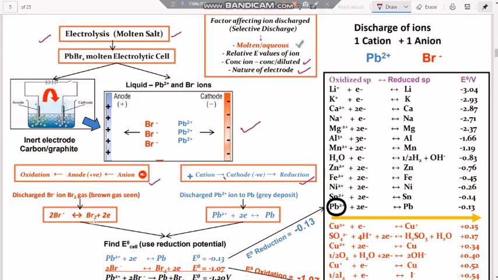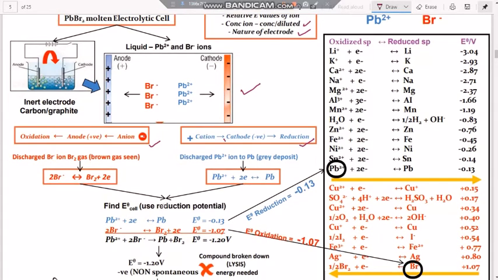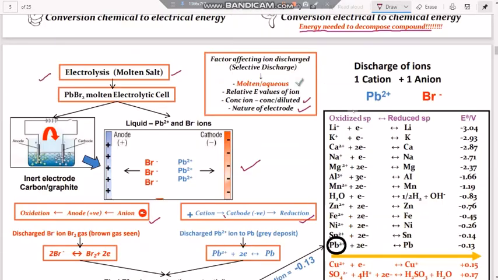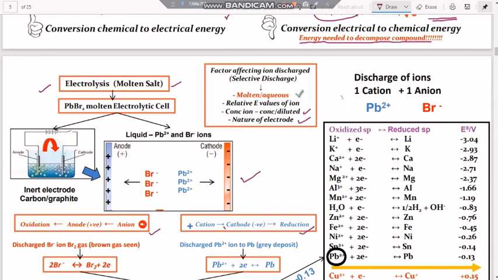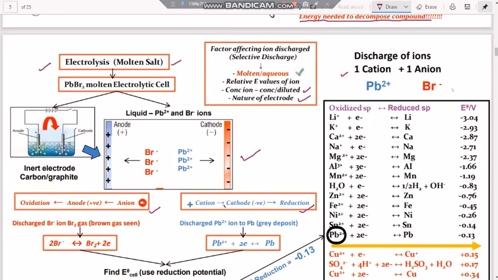The bromide ion converts into bromine gas, and the lead ion converts into lead. So you can observe what kind of ions are discharged. You have the cation Pb2 plus and the anion Br minus.